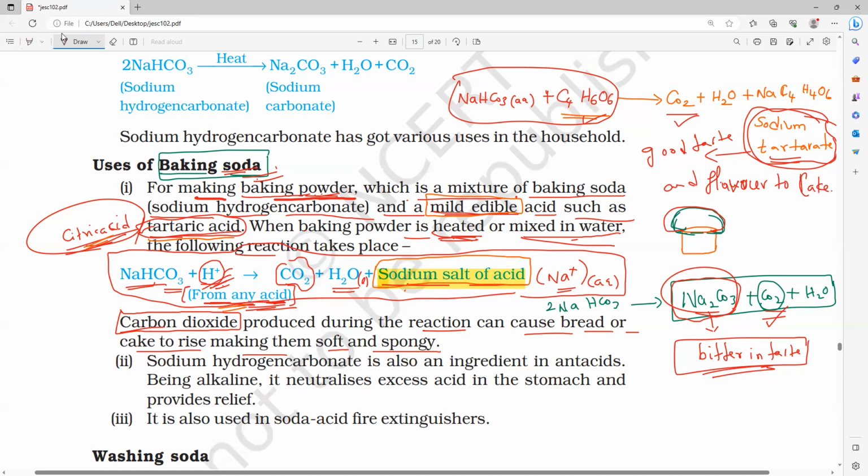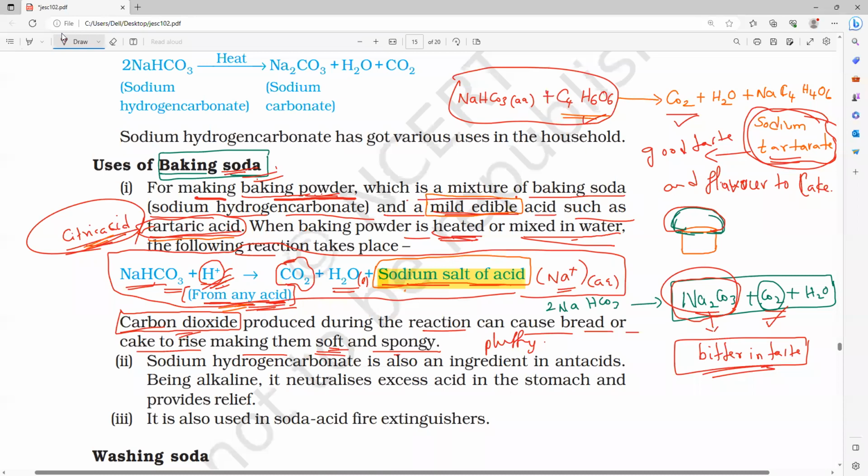So who makes the cupcake or whatever cake spongy, soft and fluffy? Both can make it. Baking soda also can make it, baking powder also can make it. Who is the main cause for making it soft and spongy?